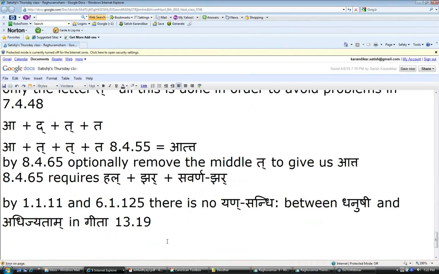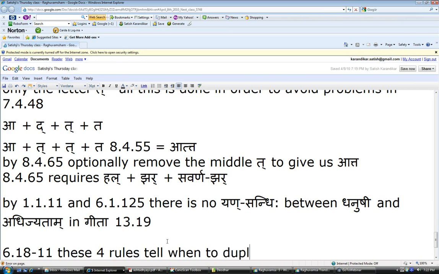We'll put this in the document. Only four rules. So these four rules tell us when to duplicate: the ekach bhaga, duplicate.